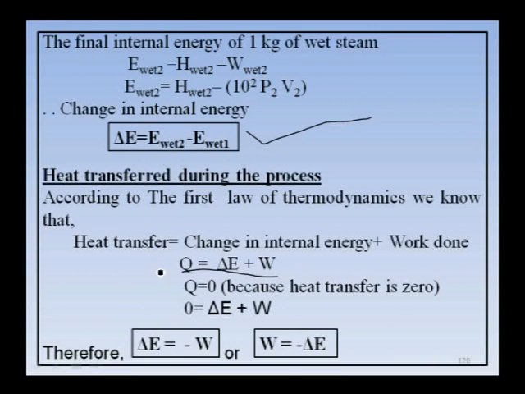In the problem they will ask to find change in internal energy or work done. You find delta E, put a minus for that to get the work done, because Q becomes 0.